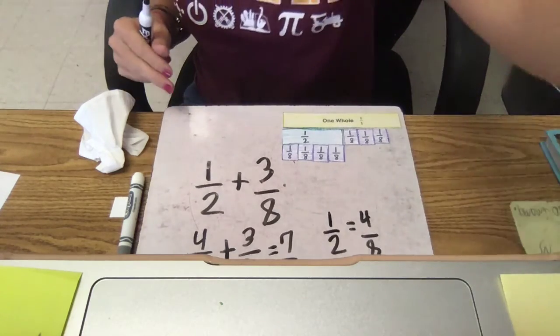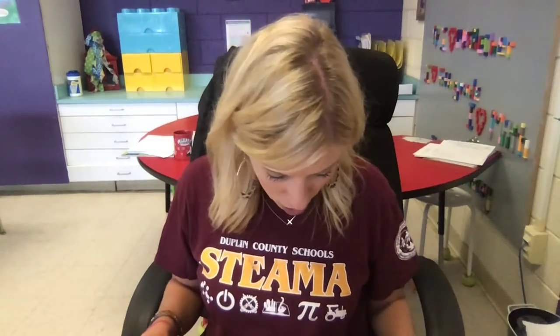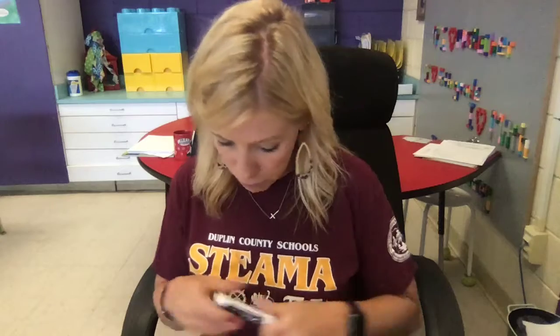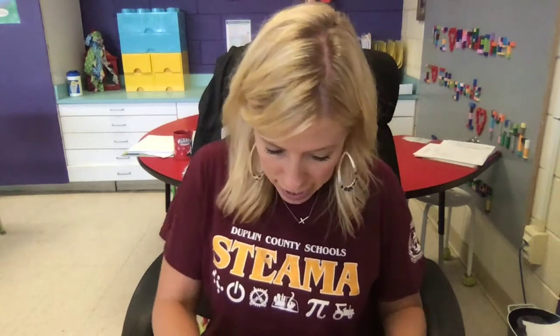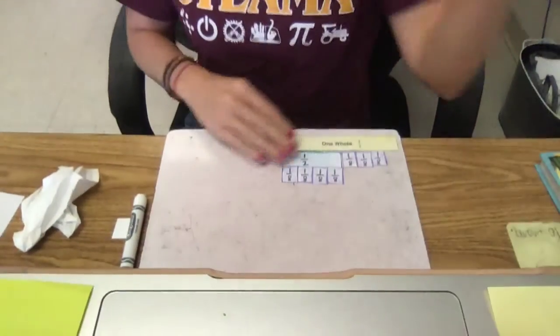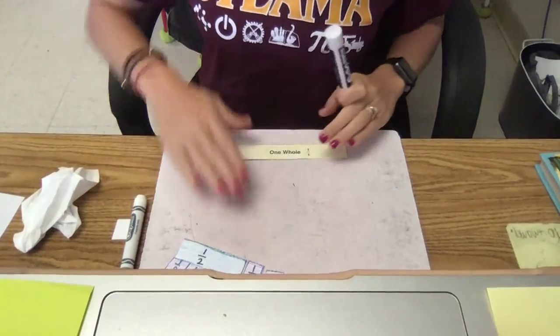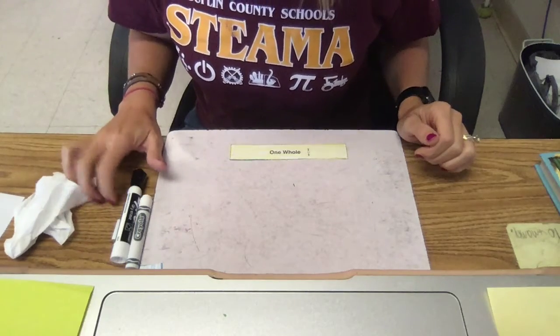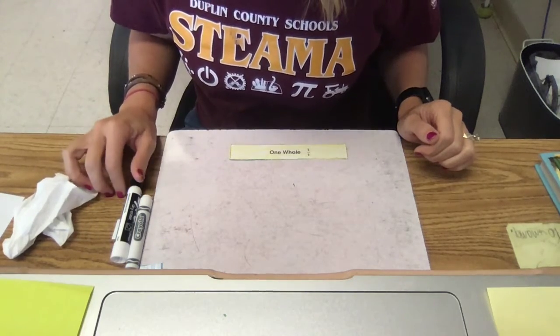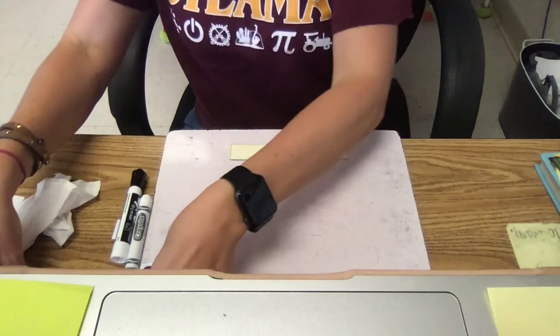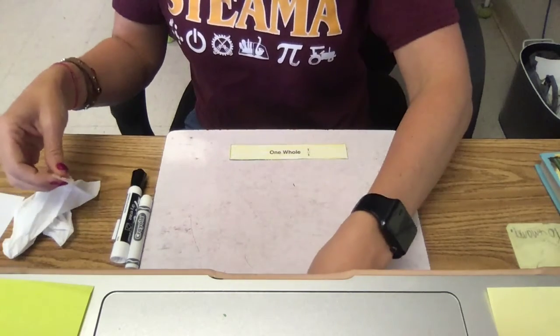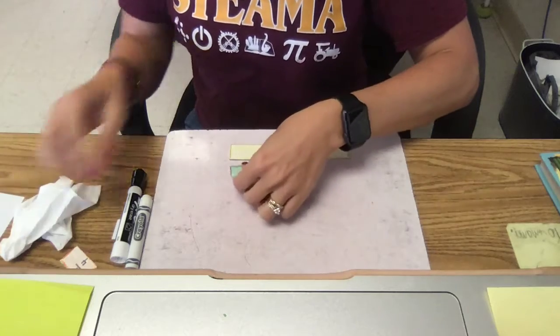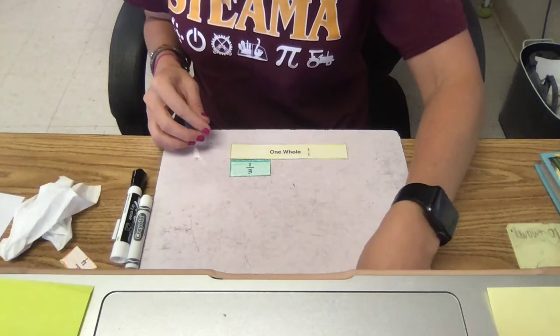Okay? So hopefully that makes some sense to you. And let's try and do another one. So I'm going to erase this. I'm going to keep my 1 whole here because it's very helpful to me. Okay, let's do 1/3 or 2/3.